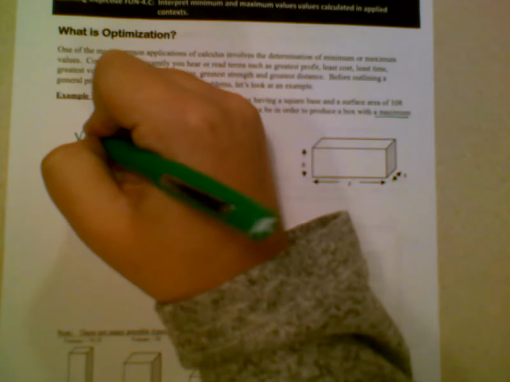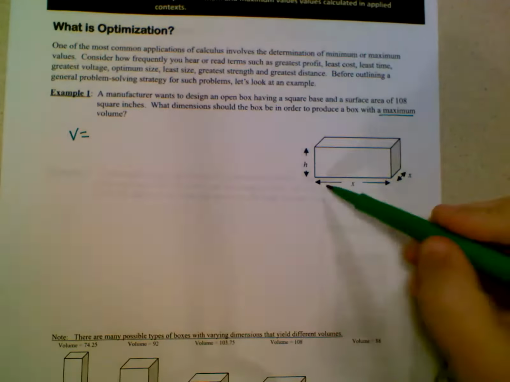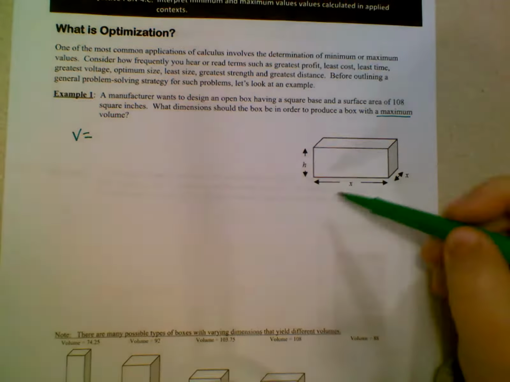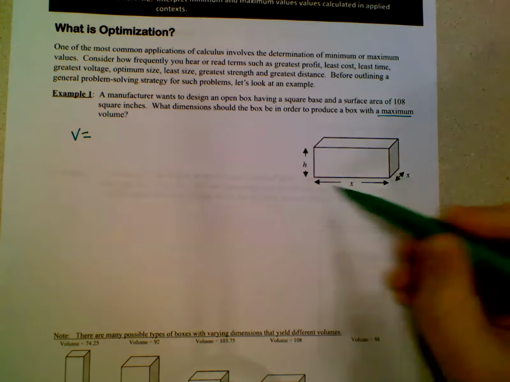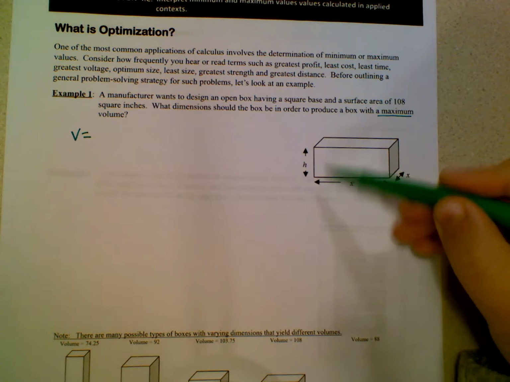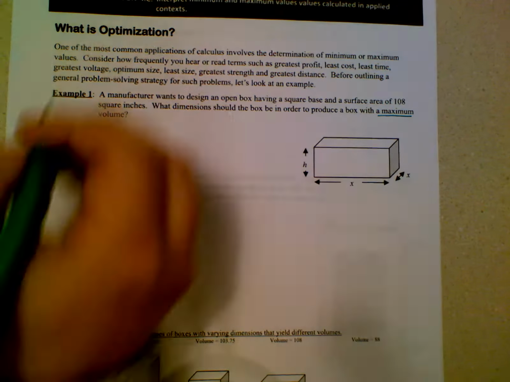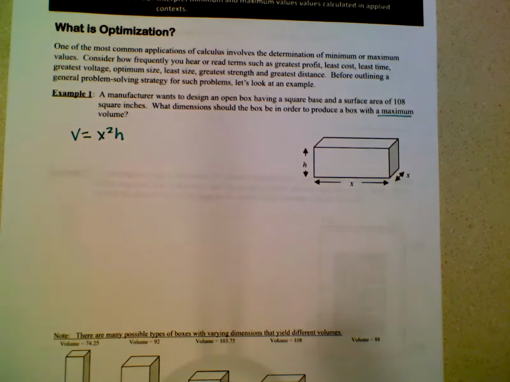And so when we talk about a max volume, we actually have to talk about the volume of this box. And so we're just going to use the dimensions that they give here. It did say a square base, so I know it doesn't look very square right now, but x by x would be the square base, and then height of h. So the volume of this box is technically x squared times the height.